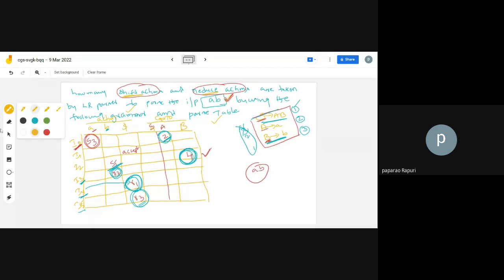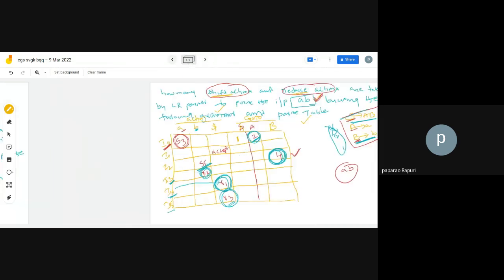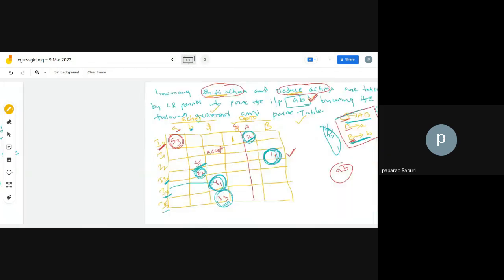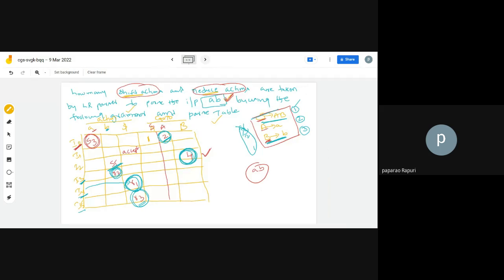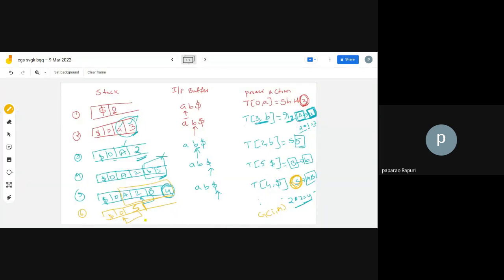I forgot to write. Goto of 0 comma S is 1, sir. So we need to write 1, sir. Now the topmost symbol of the stack is 1.